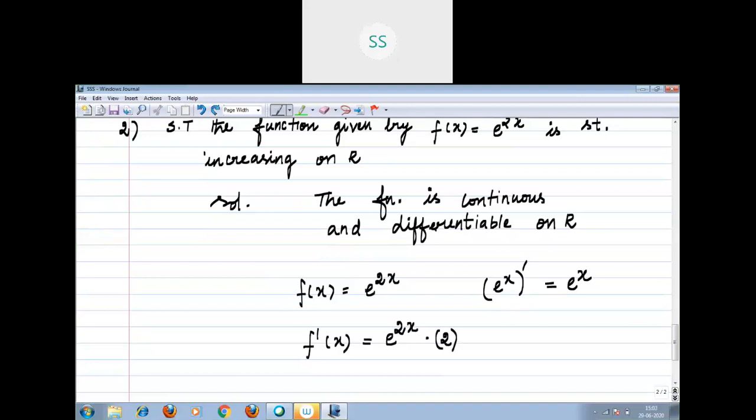Again, I repeat: the derivative of e power x is e power x. Here also, the derivative of e power 2x is e power 2x, and any other number as coefficient of x should be differentiated in terms of product. So what I arrived at here: f dash of x equal to 2 into e power 2x.